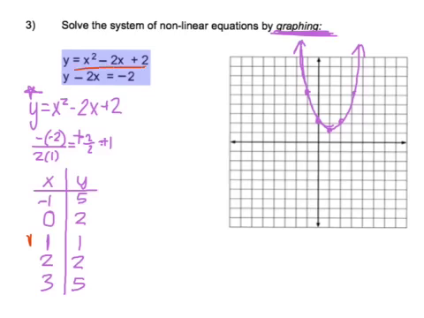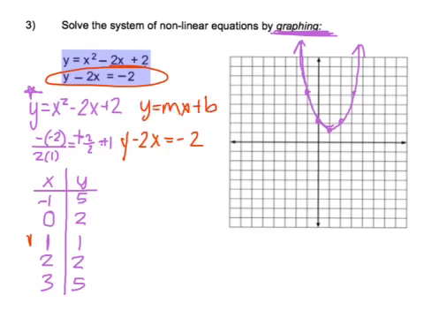Next, we need to graph our line, which is not quite in line form, so we're going to have to do some math. We have y minus 2x equals -2. However, we need it in y equals mx plus b form. So we need to get y alone, so let's add 2x to both sides.